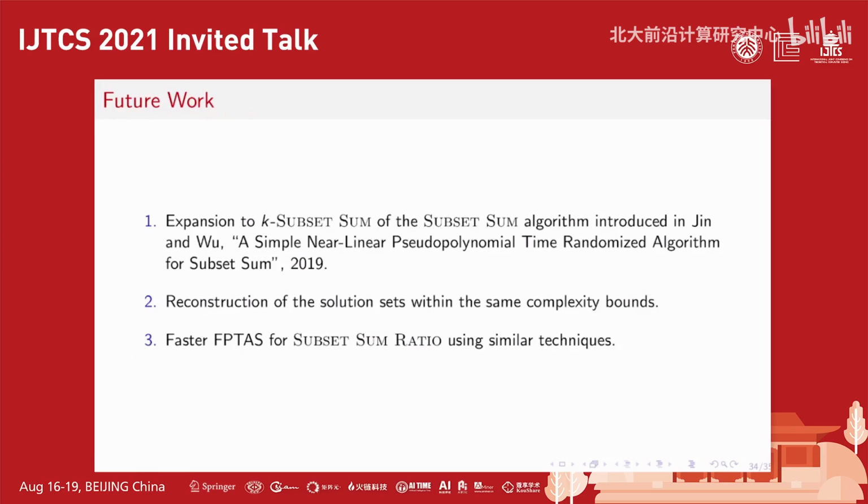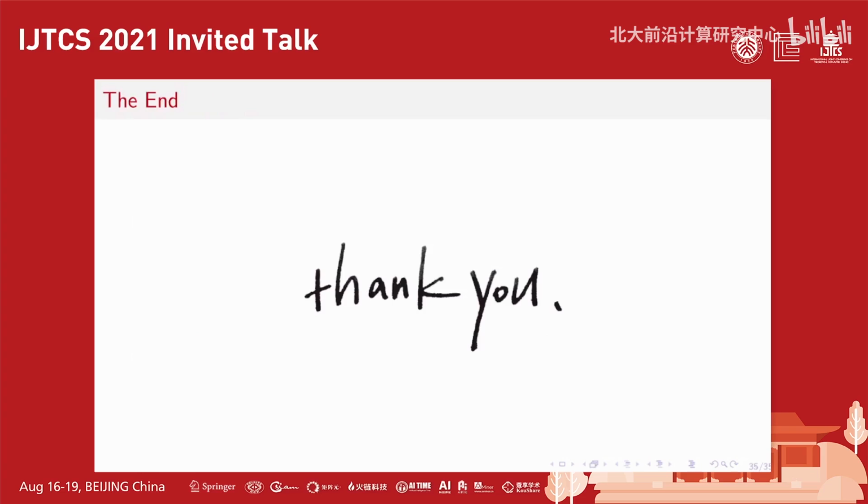Finally, one can also study whether one can use similar techniques to develop faster FPTASes for the subset sum ratio problem, for example. Thank you very much for your attention.